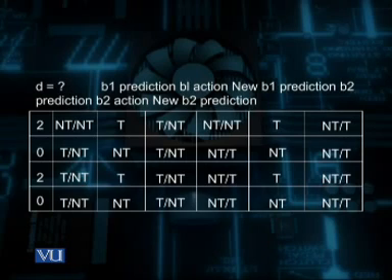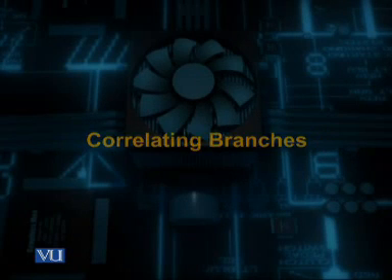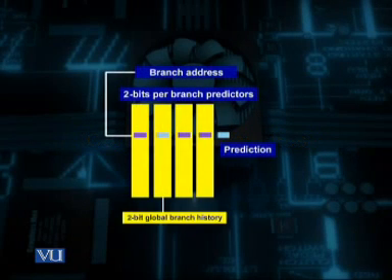So from this we can conclude that the (2,2) branch prediction buffer uses 2-bit global history to choose from among 4 predictors for each branch address. Here you can see that it is shown in this diagram by 4 2-bit per-branch predictor tables, where each prediction table has 16 entries. There is a 2-bit global branch history table.